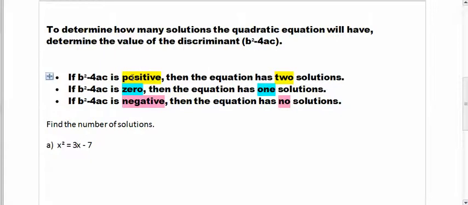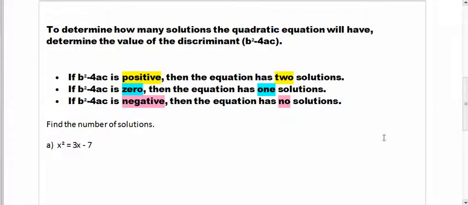If it comes out positive, that equation has 2 solutions. If you end up getting 0, then the equation has 1 solution.